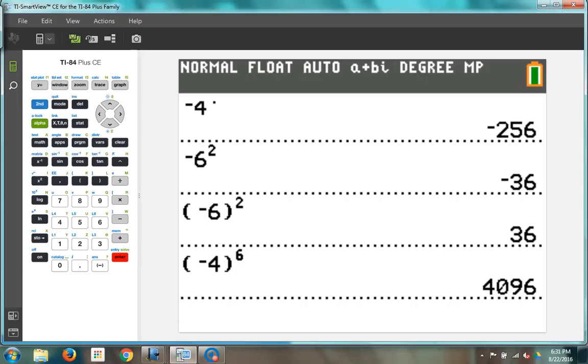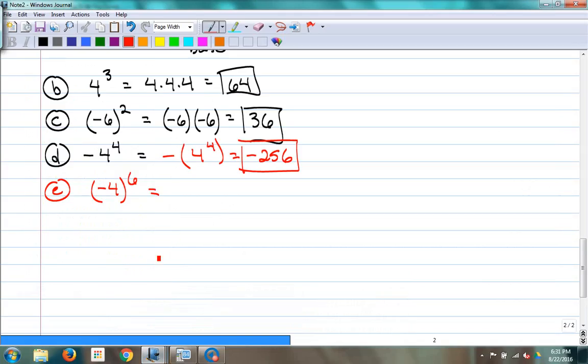Because of even power. Yeah, the even power tells me it's going to be positive. If it was an odd power, it'd be negative. Okay, so work it out. 4,096. Big number. All right, so quick review of some exponent stuff with numbers and evaluating those.